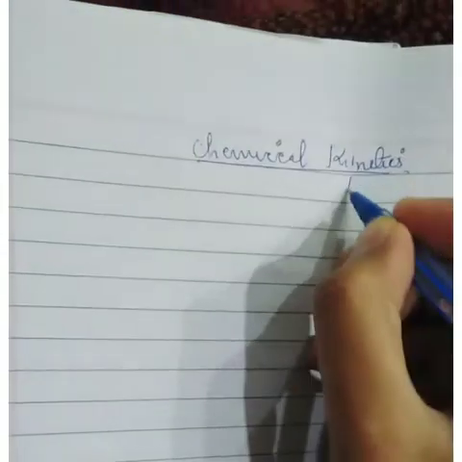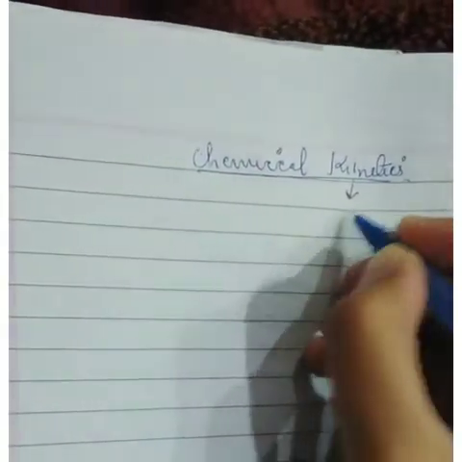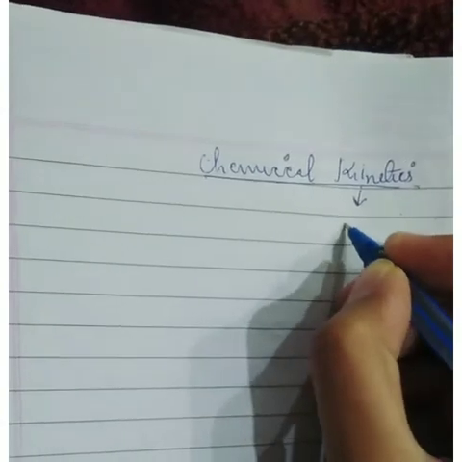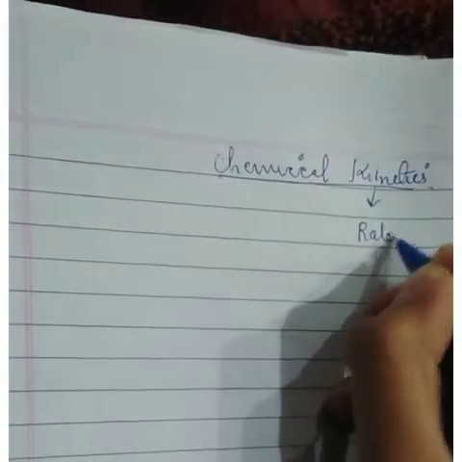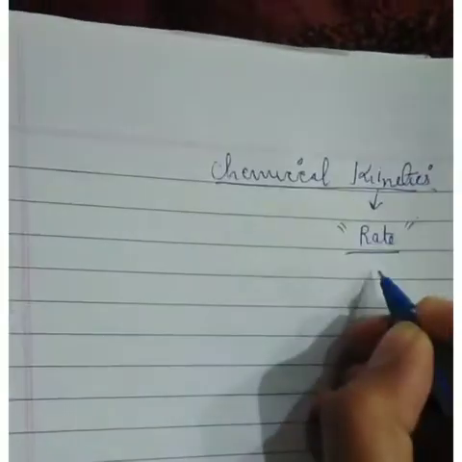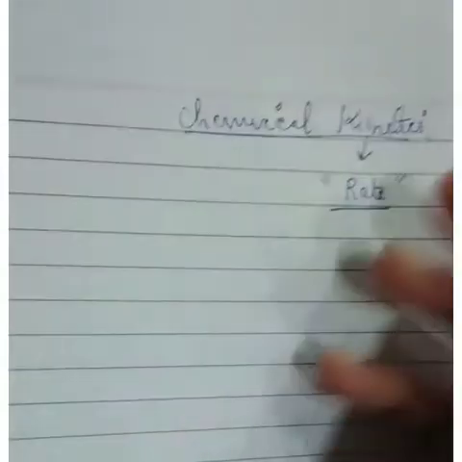Okay, guys, so I'm starting here with a new topic, that is chemical kinetics. The word kinetics itself means the rate. And rate, we know, is something with respect to time.